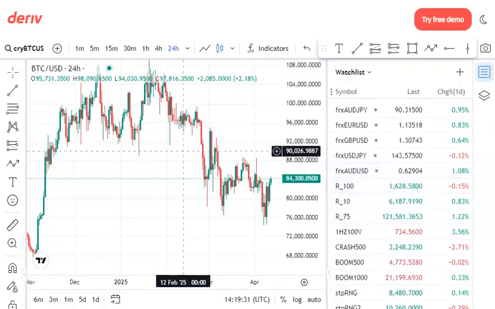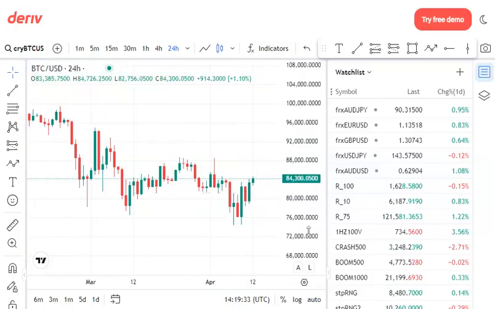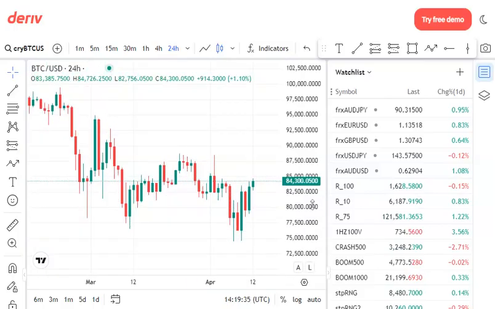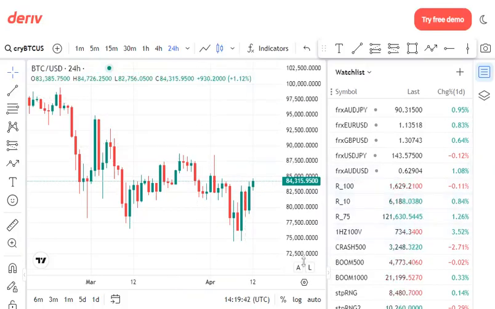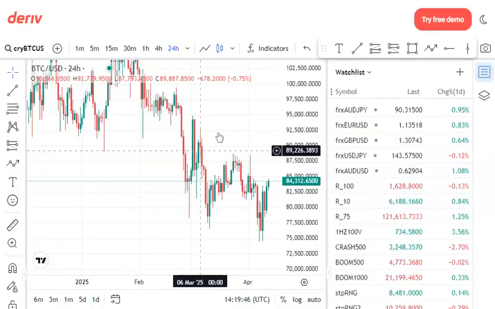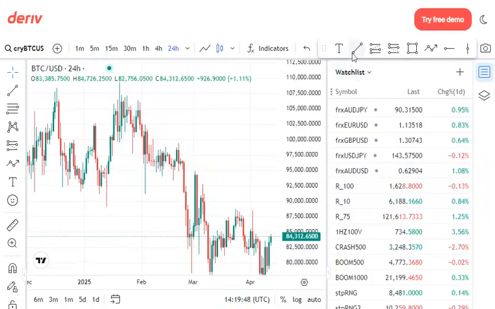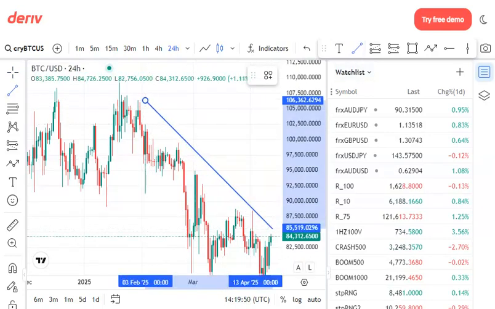So if we're going to be trading this market, we're going to be using a market pair that has power over everything, and we're going to be using its influence to calculate what others will do. When we see BTC going down, I feel like every other market will be going down as well.